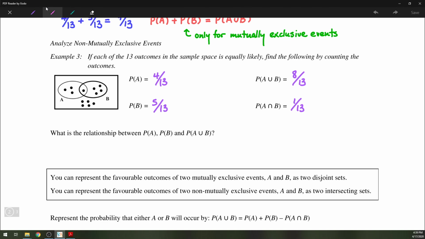So what we have to do is adjust the formula slightly to generalize it for both not mutually exclusive events and also mutually exclusive events.